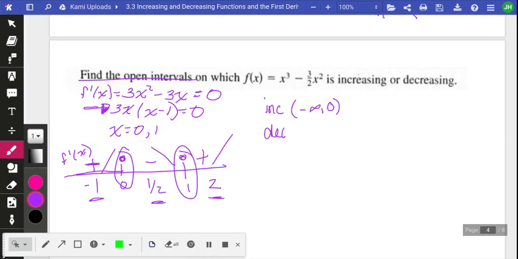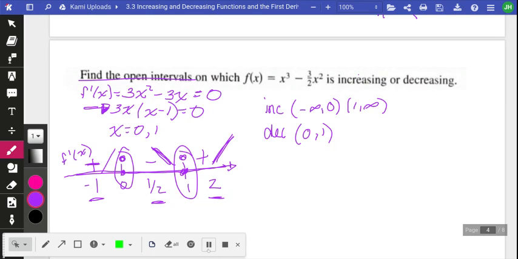It's increasing again over here, starting at 1 and heading to the right. So it's increasing from 1 to infinity. Decreasing is here, and if you notice, it starts at 0 and goes to 1, and we would have that as 0 to 1.